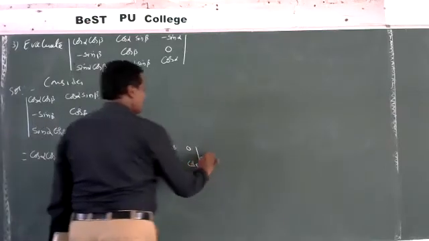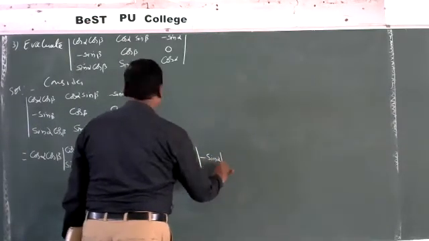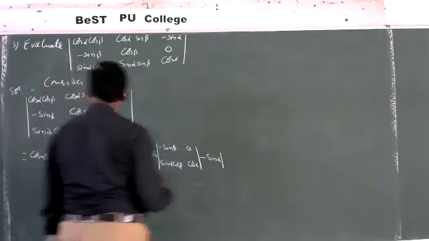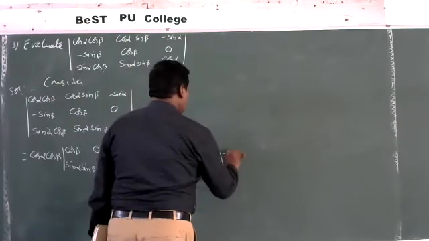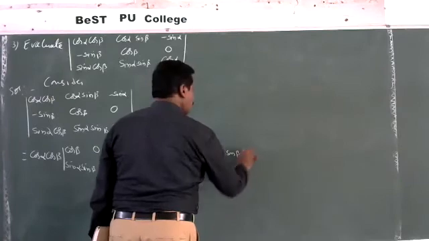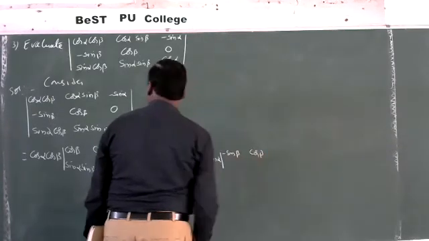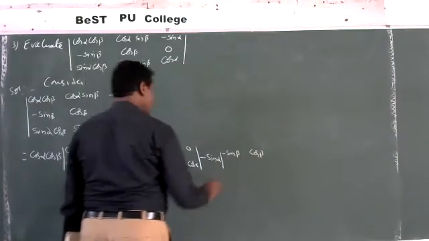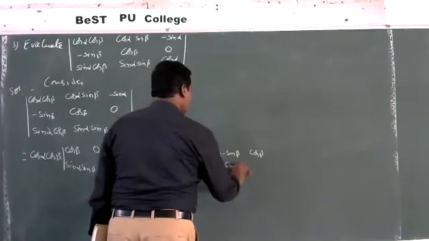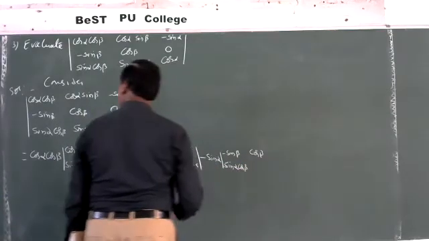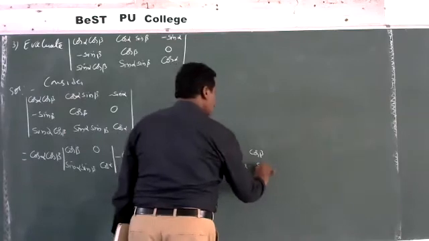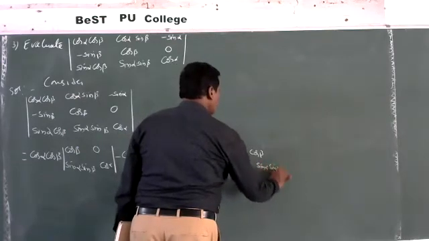Next, minus sin alpha into the determinant of minus sin beta, cos beta, sin alpha cos beta, sin alpha sin beta.